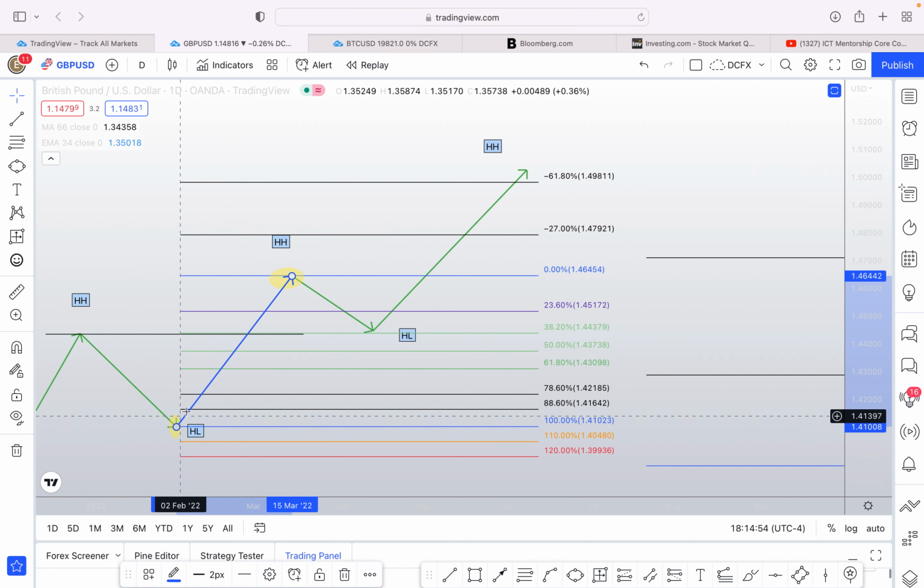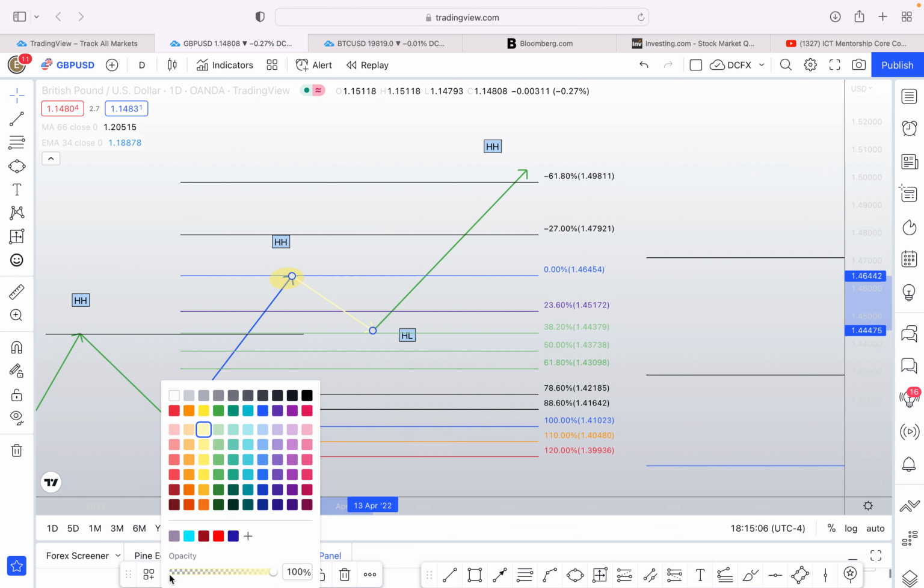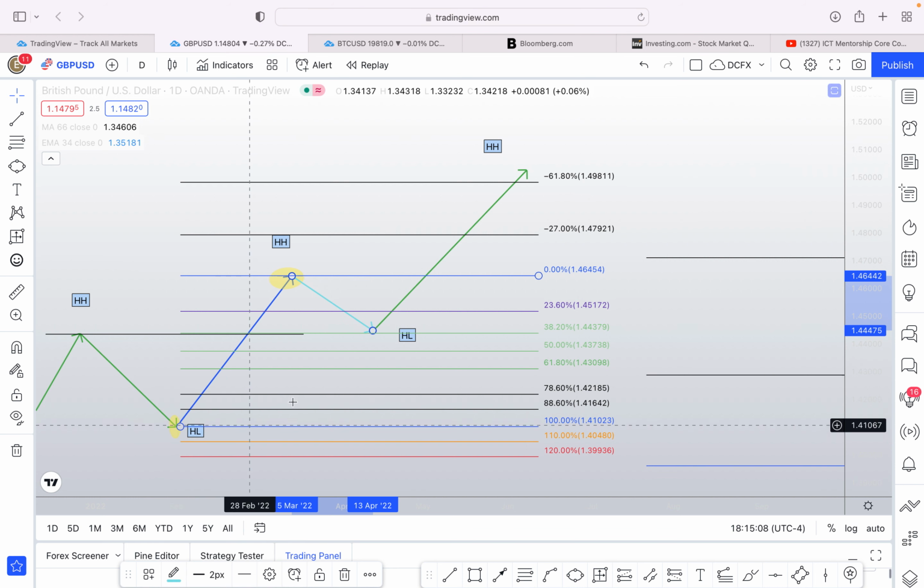So blue already happened. Once blue was happening, this yellow part is called the retracement level. The retracement level is what you're actively looking at to mitigate where you're going to get back in.